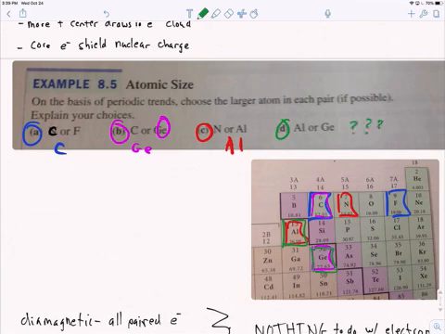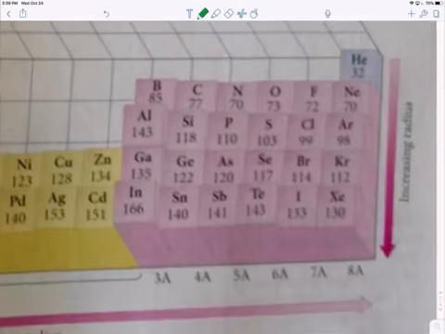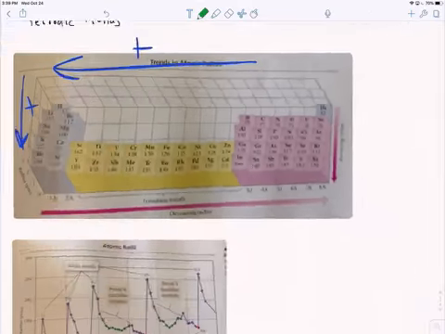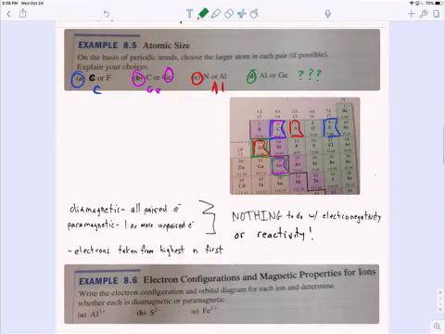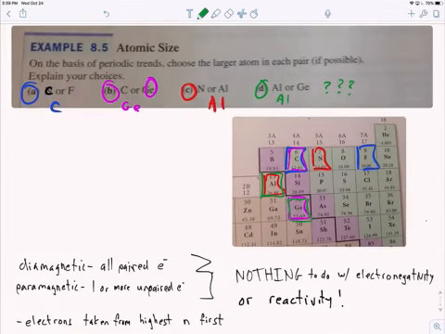We have two conflicting rules, so we have no idea. We have to look at data. Aluminum is bigger. In this case aluminum happens to be bigger, but you have no way of knowing, so you won't be asked an ambiguous question like this. Everything has a logical answer.